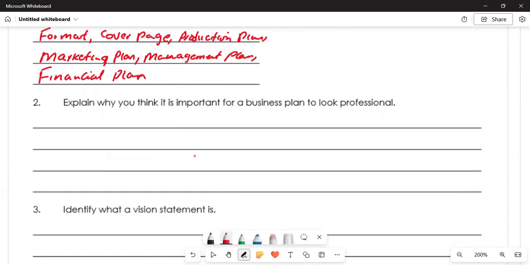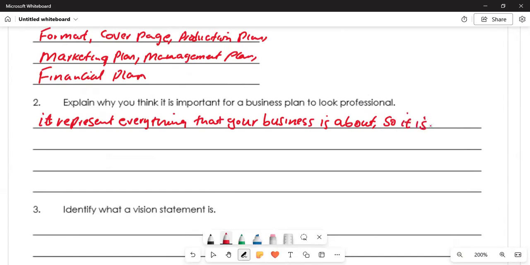So it is important to prepare a plan properly.